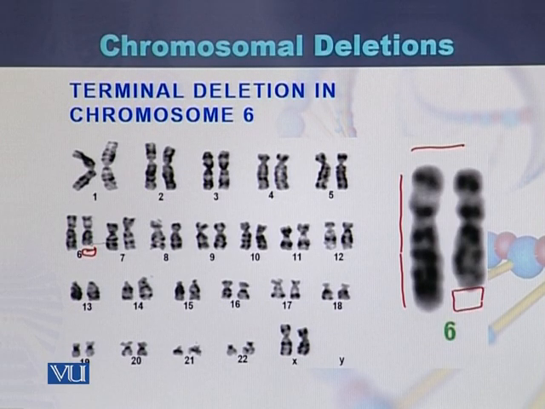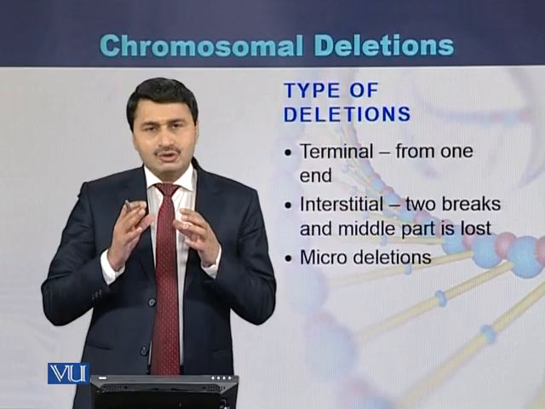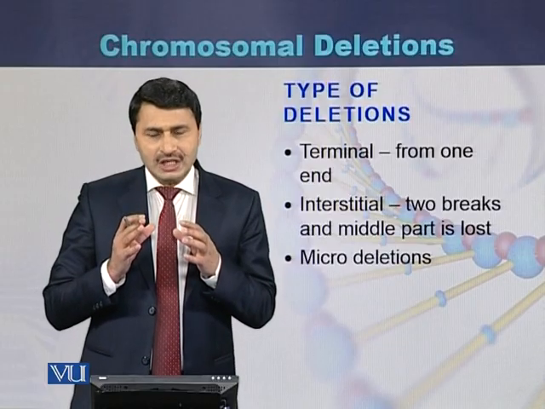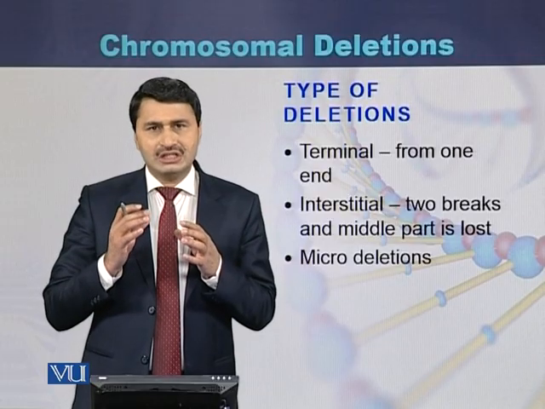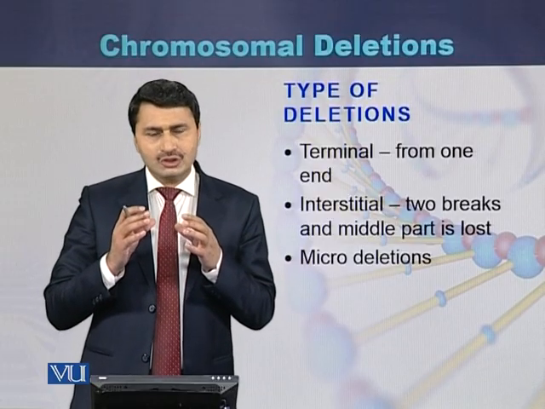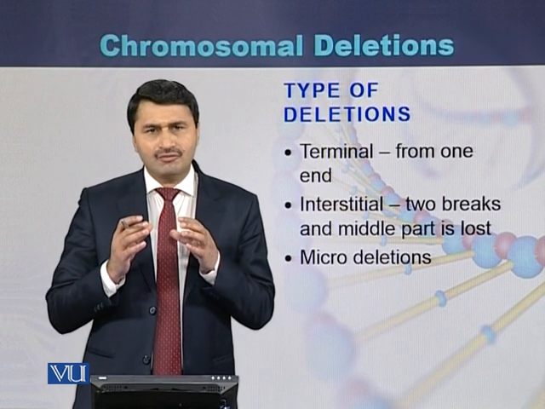A small portion from the tip of chromosome 6 has been deleted. So there are two major types of deletion in chromosomes: terminal deletion and interstitial deletion. In addition to these two major deletions, there are also microdeletions that can involve just a few bases.